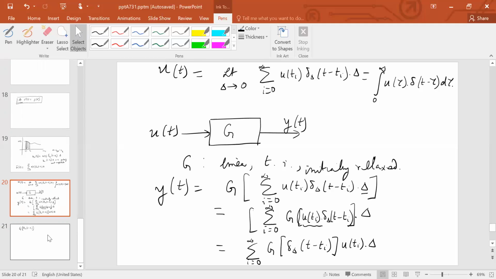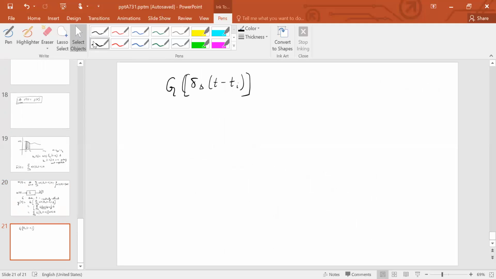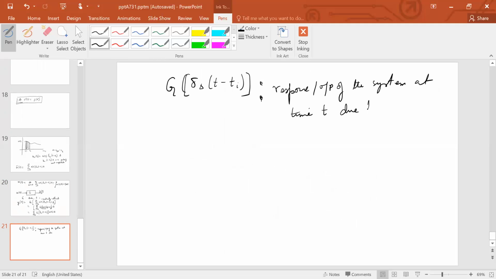This is basically the response or output of the system at time t due to the application of the input delta at time ti.